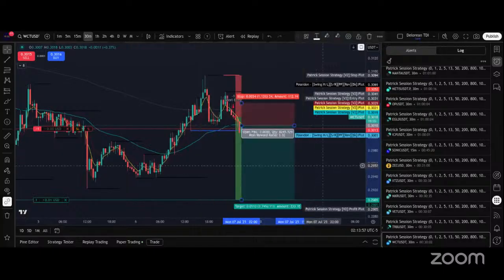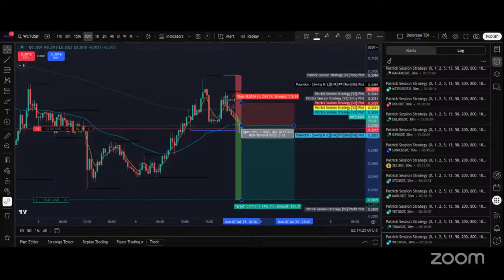Okay. We're going to be taking WCT versus Tether. Again, another 30-minute confirmation. This is going to be a 3.32 risk to reward ratio.